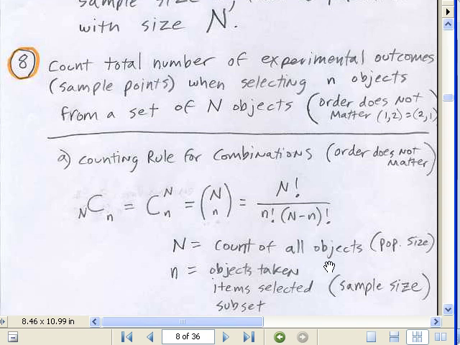Now, the big N is the count of all objects. And n is the objects taken. That's one way to think of it, like a sample size, right? Another way to think of this n is items selected. Another way to think of it is, oh yeah, n is a subset from a bigger set, right? And order doesn't matter. That's our formula.